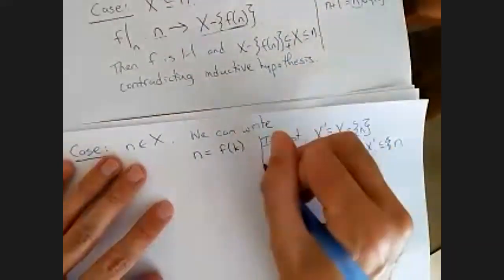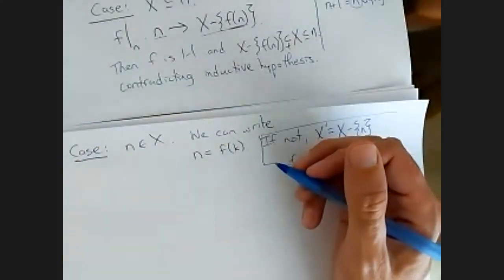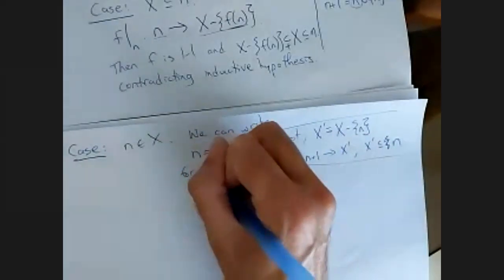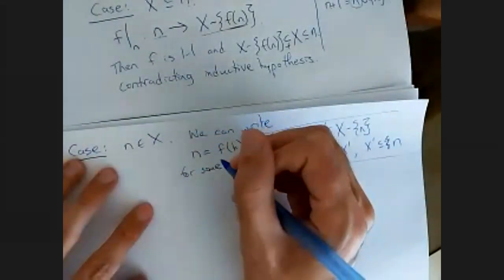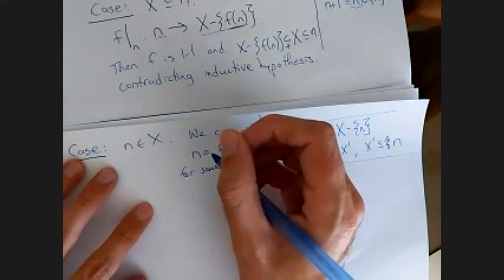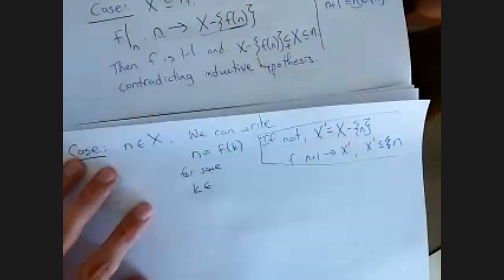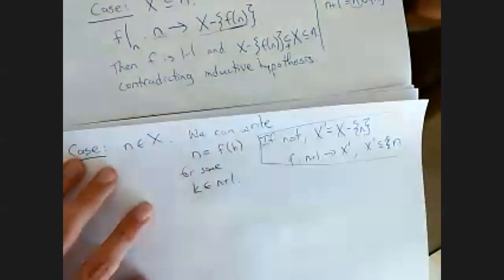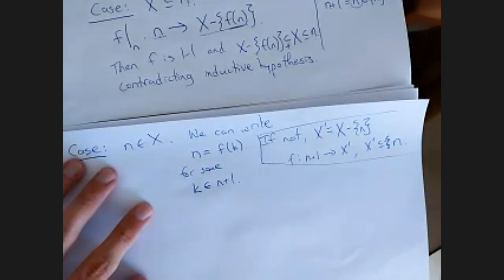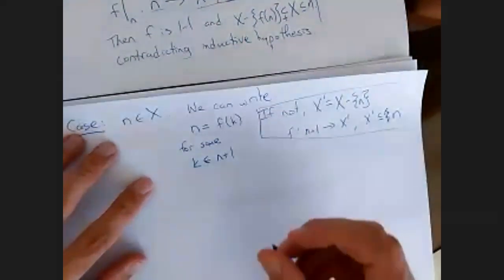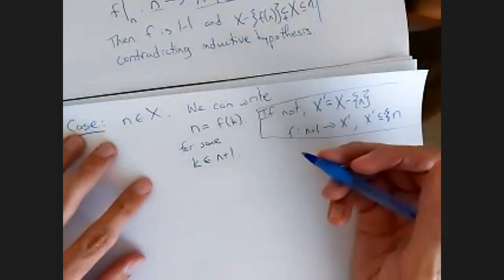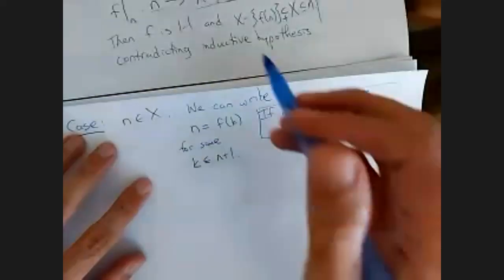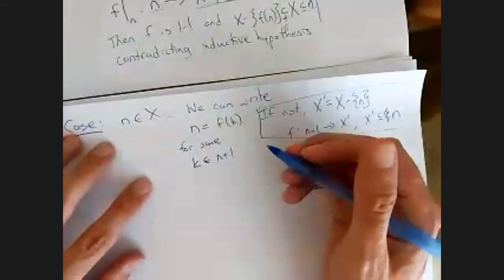So what k can it be? It needs to be some k in n plus 1. Okay, and then we do a kind of a switch to try and construct a one-to-one function from n to some set x.